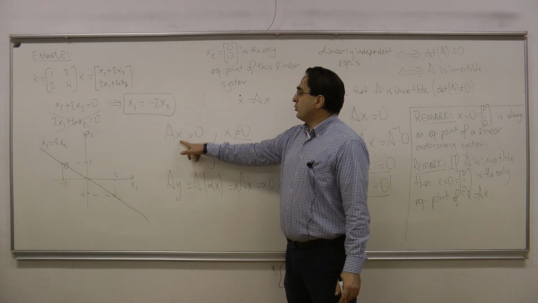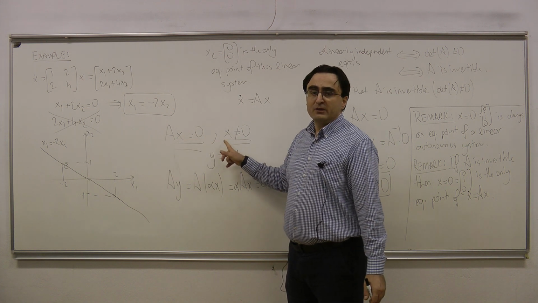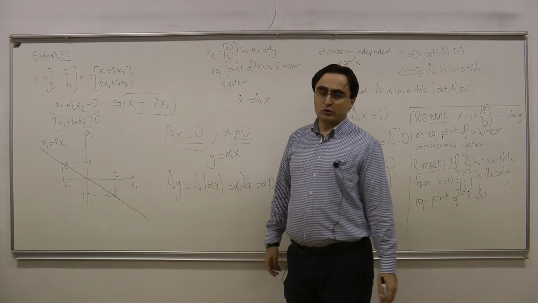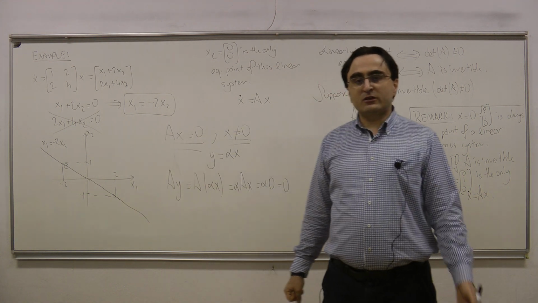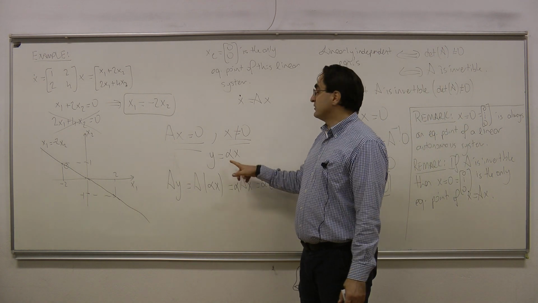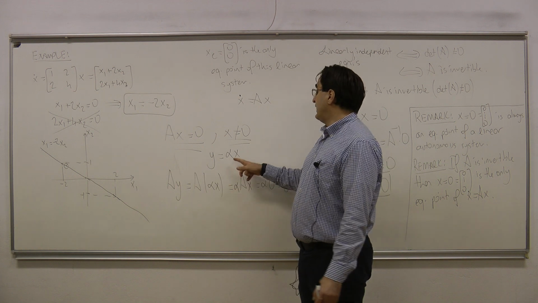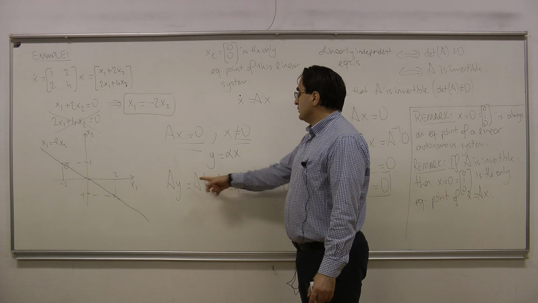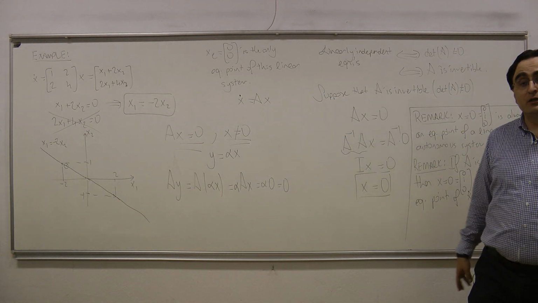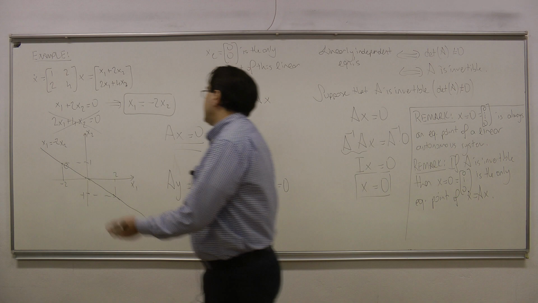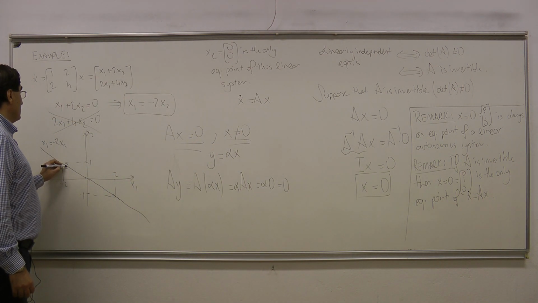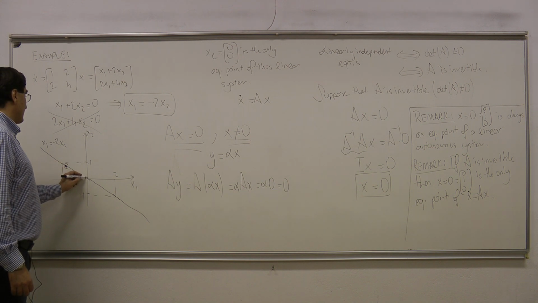So what do we see here? If this equation is satisfied for some non-zero x, if the linear autonomous system has a non-zero equilibrium point, then I can scale that equilibrium point with any constant, and that new point would also be an equilibrium point of the same linear autonomous system. Here we actually see this. If I have an equilibrium point, it is just a vector.